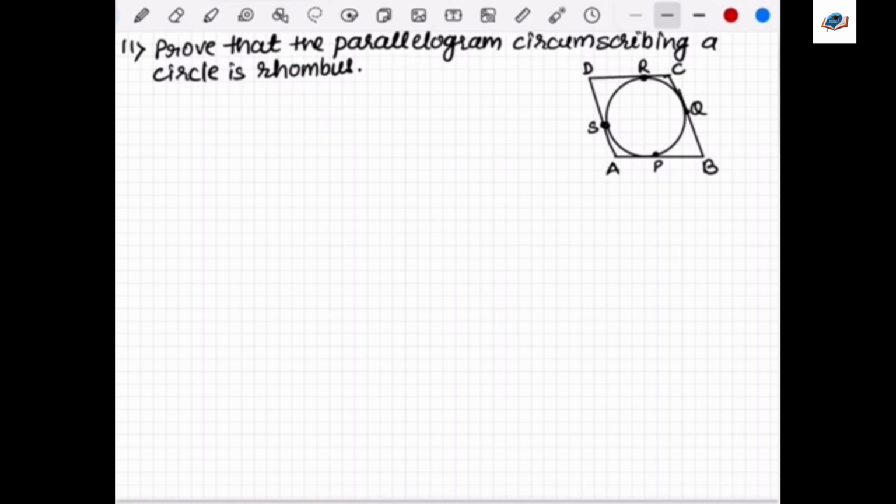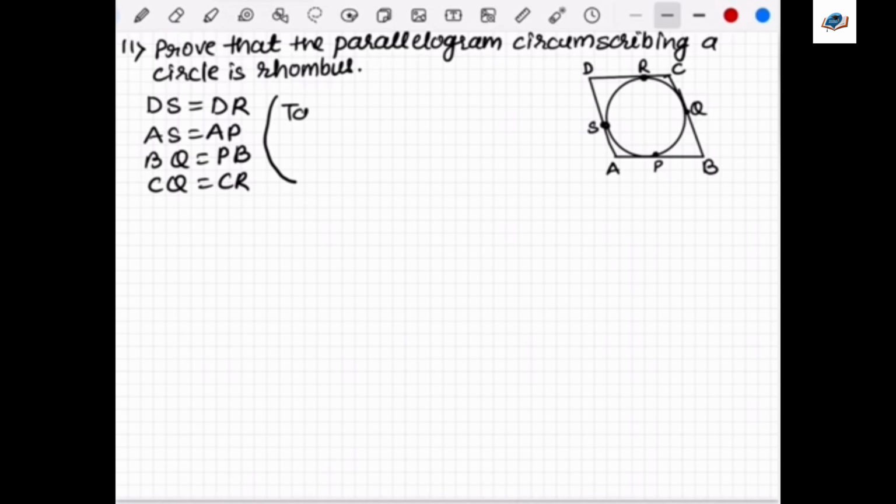So now adding, I will have DS plus AS plus BQ plus CQ equal to DR plus AP plus PB plus CR. So I will have DA plus BC equal to CD plus AB. Now, in a parallelogram, AB equals CD and BC equals AD.